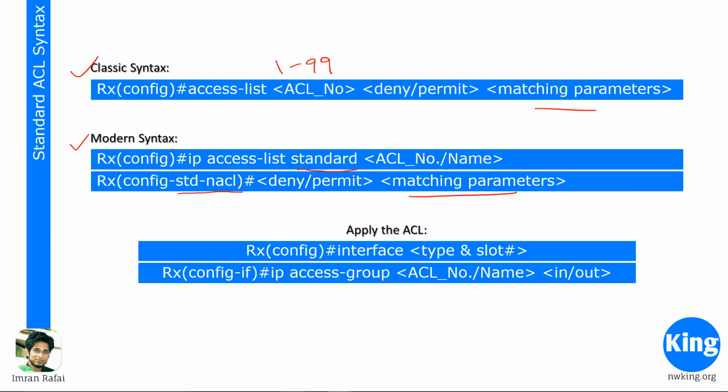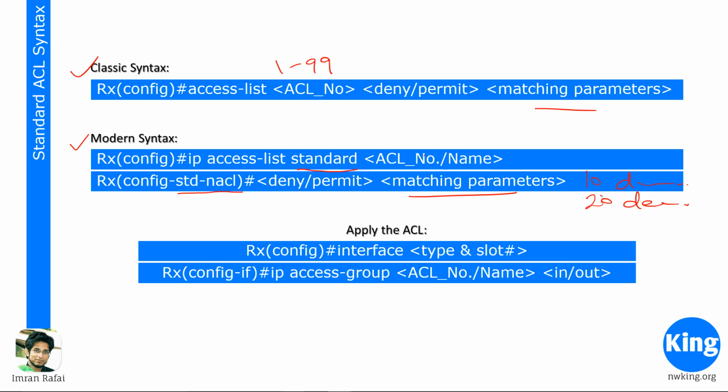But in the modern syntax, every time you enter a statement, the first command that you type gets sequence number 10, and then say deny whatever. You don't have to put this 10; it automatically comes in there. The second statement you put has sequence number 20, and it goes on. Now, for instance, if in between 10 and 20 you want to have one, like I said, it's always sequence order, and sometimes the order is very, very important.